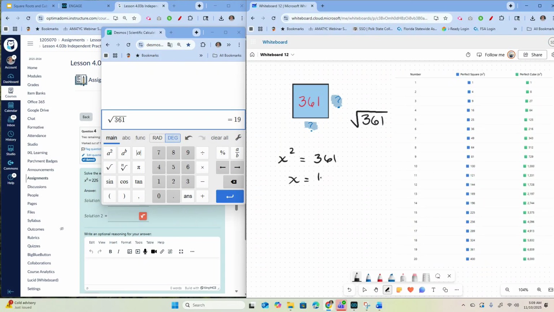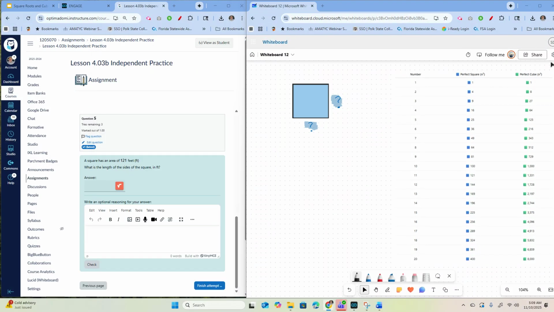And we found out it's 19. And remember that every time you do square root, there's two answers. So the other answer is x equals the same number but negative. Why? Because 19 times 19 is 361, and negative 19 times negative 19 is also 361. Okay, let's go to the last problem.